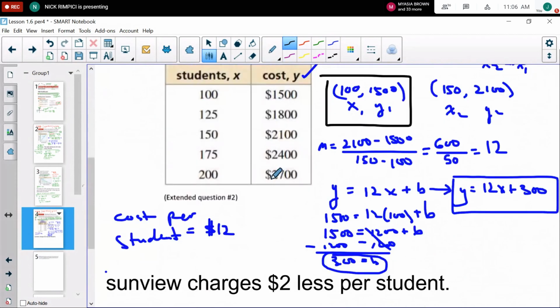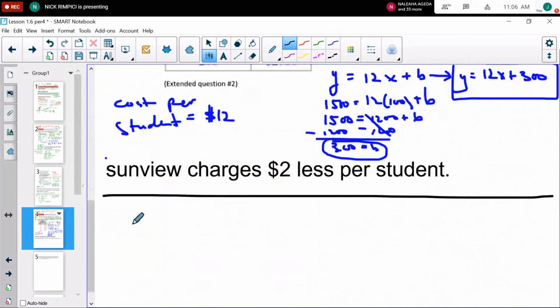I need to know when 10x plus 600, that's the equation for Sunview, is equal to 12x plus 300. So at some value of x, these two equations are going to be the same, meaning it won't matter which location we choose, the price will be equal regardless of where we go. So we have to solve this little equation here, which is pretty easy.